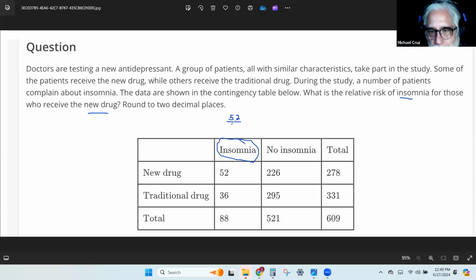How many new drug people? The probability of the number of new drug people that had insomnia. And then this is another fraction. We'll just put divided by traditional drug.